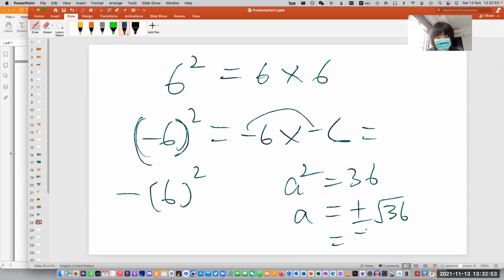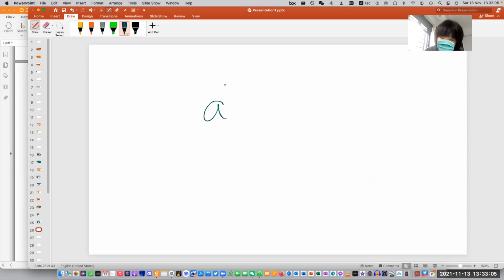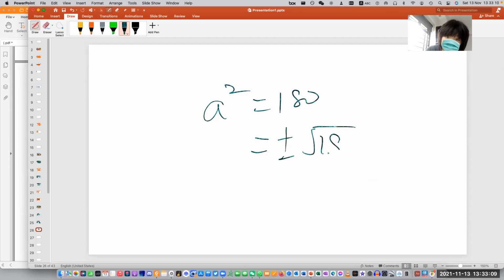So therefore you get plus minus 6 for a. You don't have to write it this way, you can also write it like this: 6 or minus 6. So for the question just now, a squared is equal to 180, so you are supposed to take plus minus square root 180.